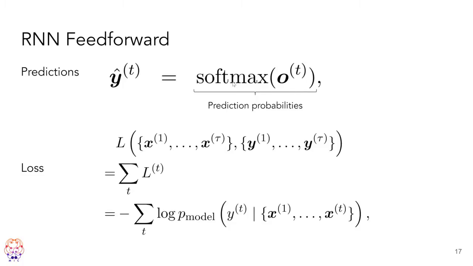By doing this, we get a bunch of prediction probabilities ranging from 0 to 1, the likelihood of it being a single class.